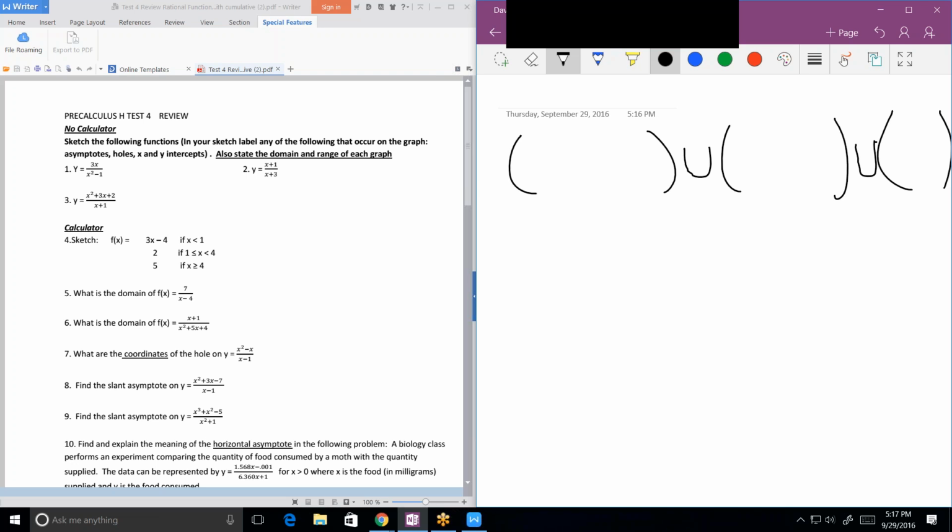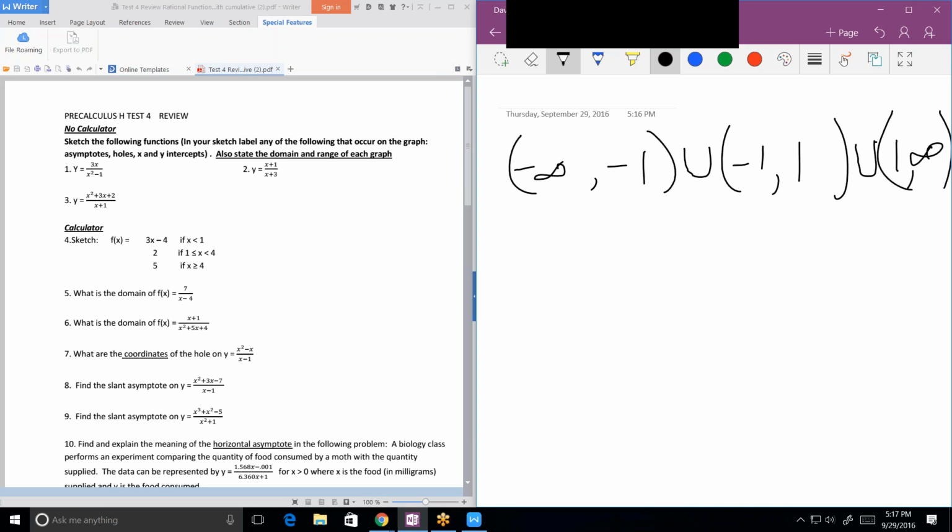Always start from -infinity on your interval notation. It would be -infinity to -1. Bracket or parentheses? Parentheses, because it cannot be -1. Okay, in combination with? -1 to 1. Combination with? 1 to infinity. Okay.